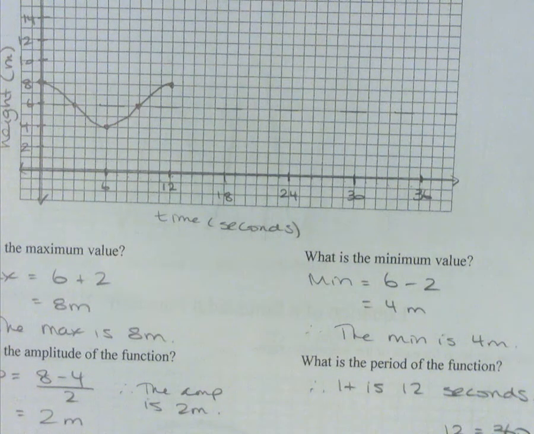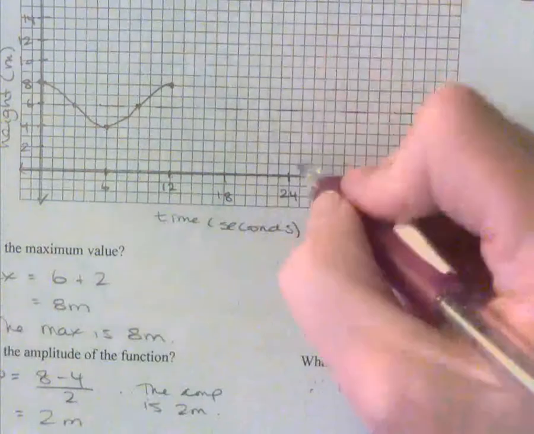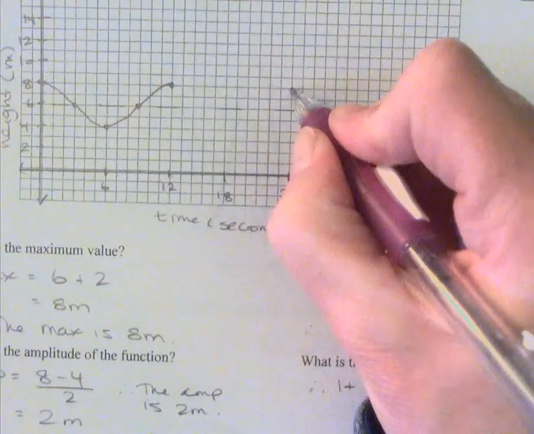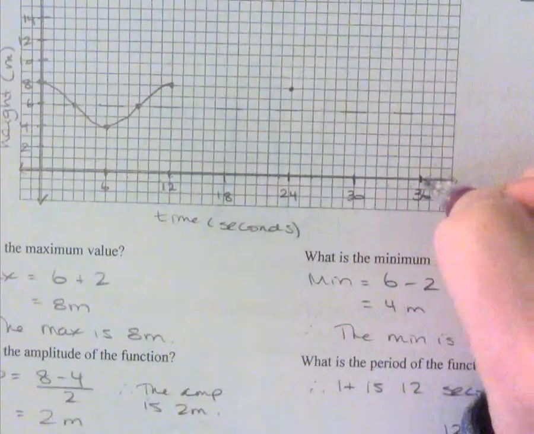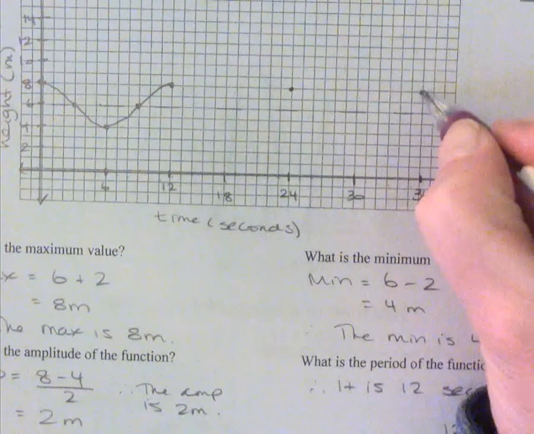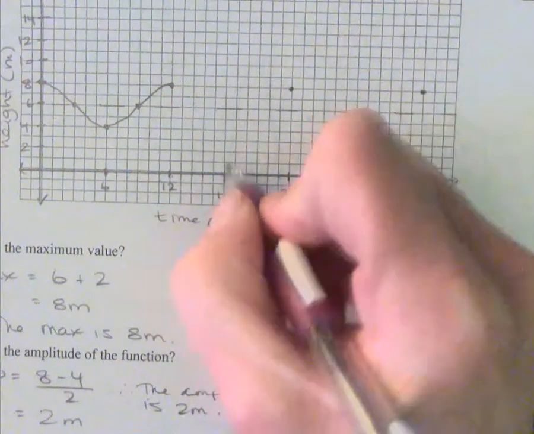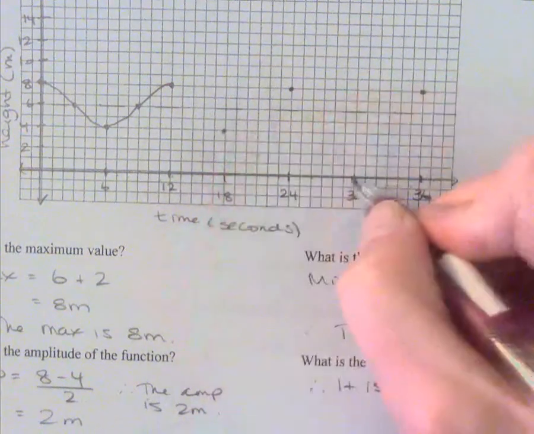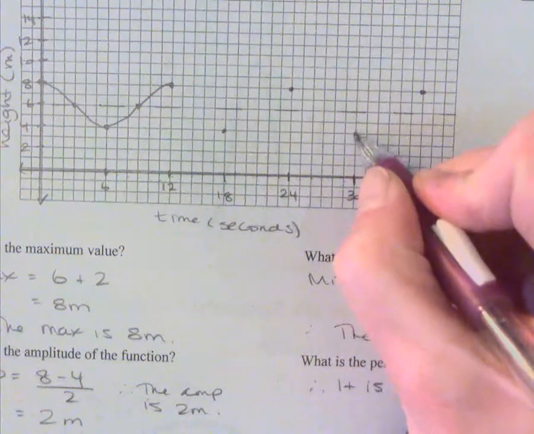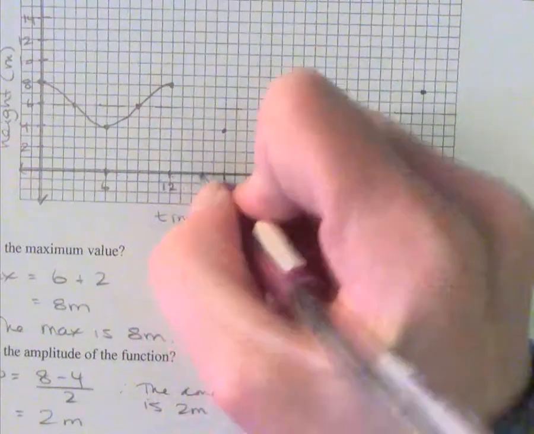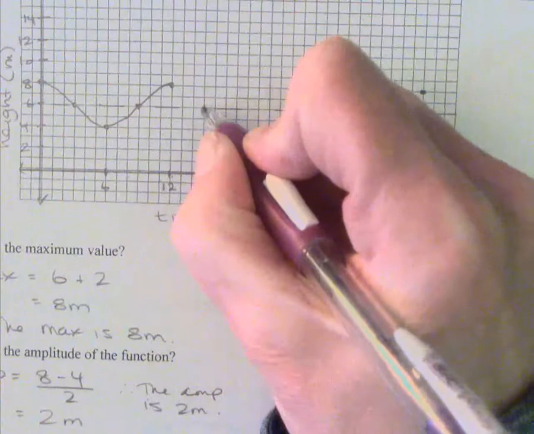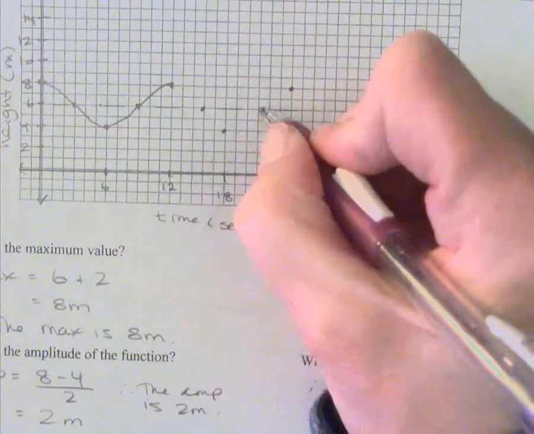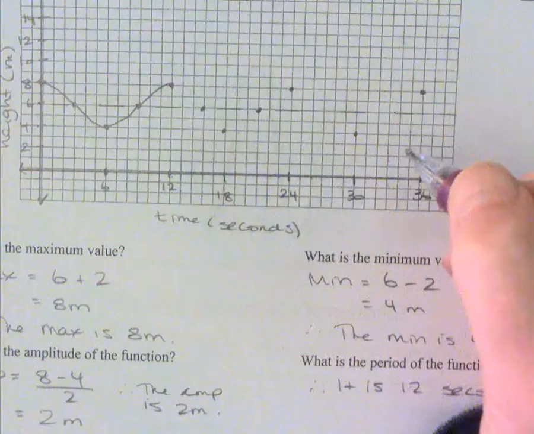of the rotation. So now I can pattern that out. At 24, I'll also be at a maximum, and at 36, I'll also be at a maximum. At 18, I should be at a minimum, and at 30, I should also be at a minimum. Halfway here, I'll be at a midline. Halfway here, I'll be at another midline.